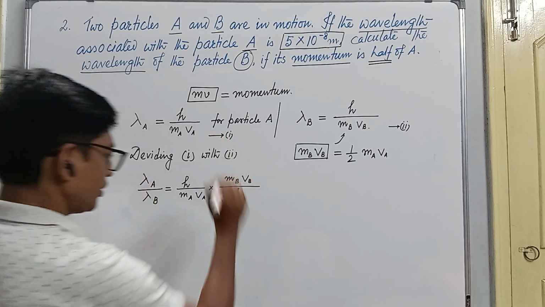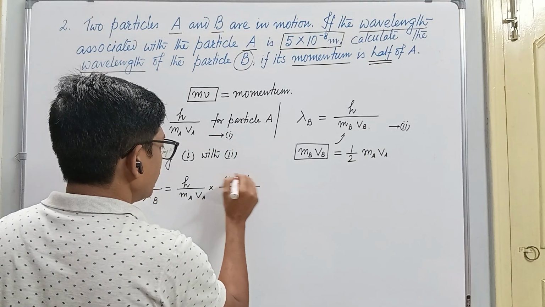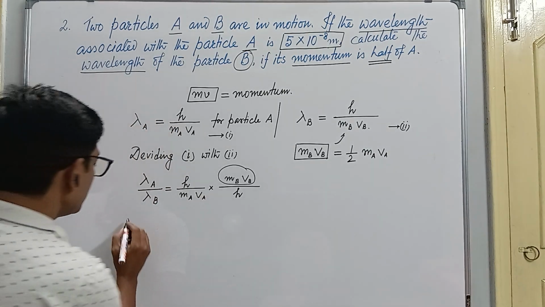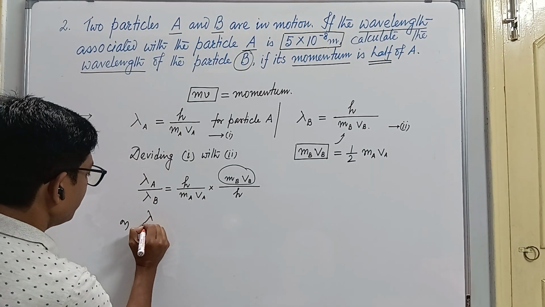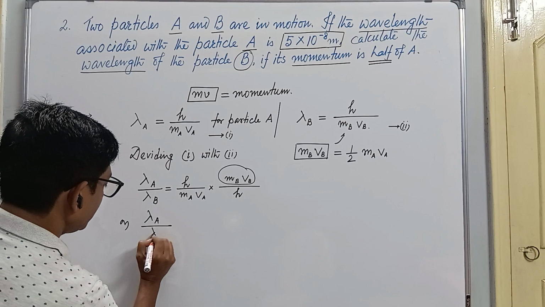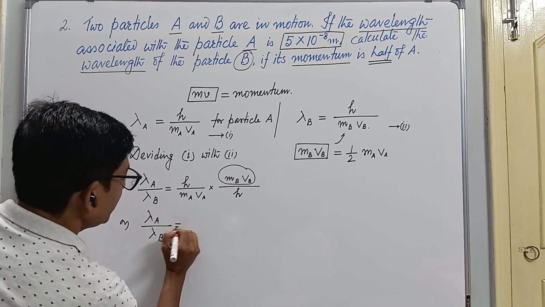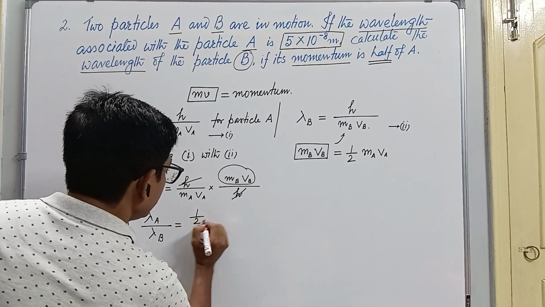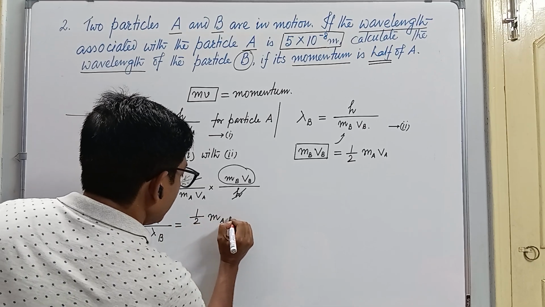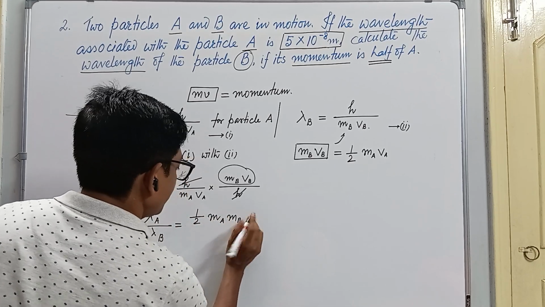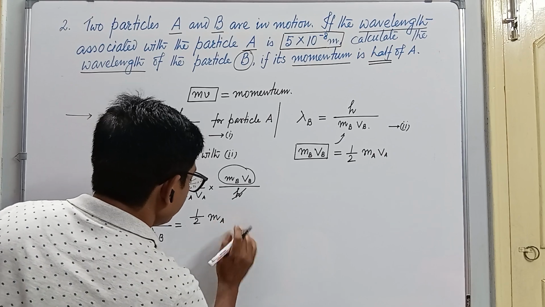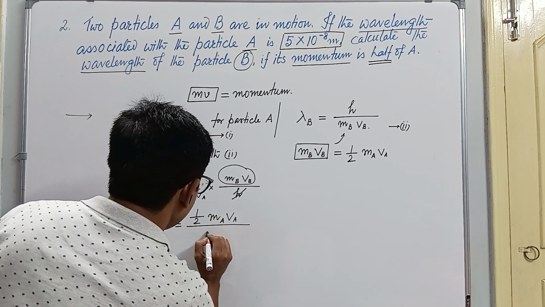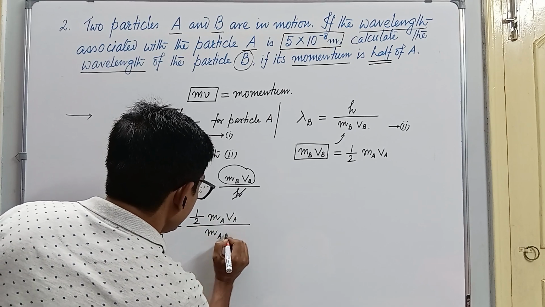Okay, now we know the value of this, which is half of MAVA. So I'll substitute that one. Lambda A by lambda B will be, let me simplify this one, half of MAVA divided by MA into VA.